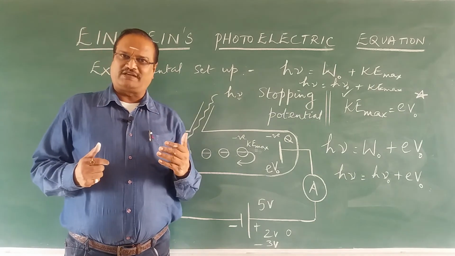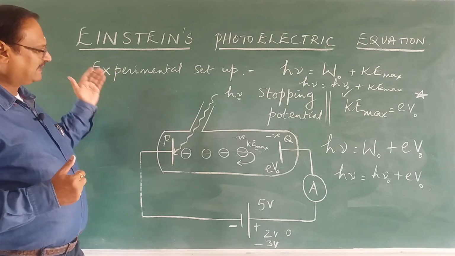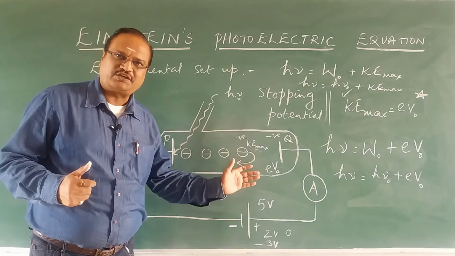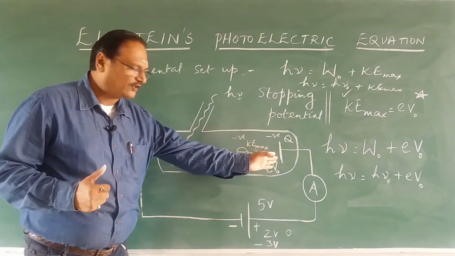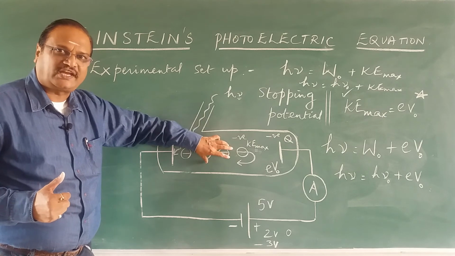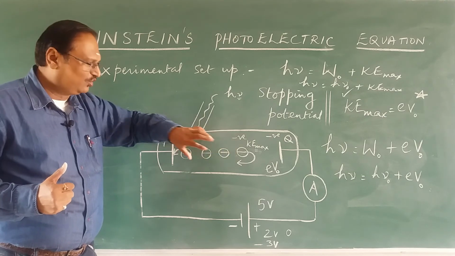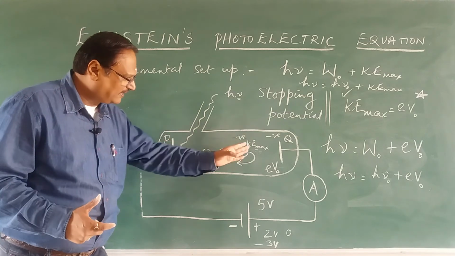If I am not wrong, it is 1920 or 1919, check it out, right? And this is the experimental verification, and this is called a phototube. It has just 2 electrodes, and there is a window, and it is evacuated inside. No air is inside, so no collision can take place with any other atom. So it is a very clear process.